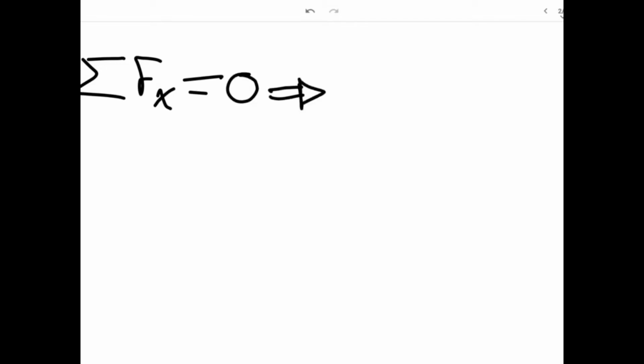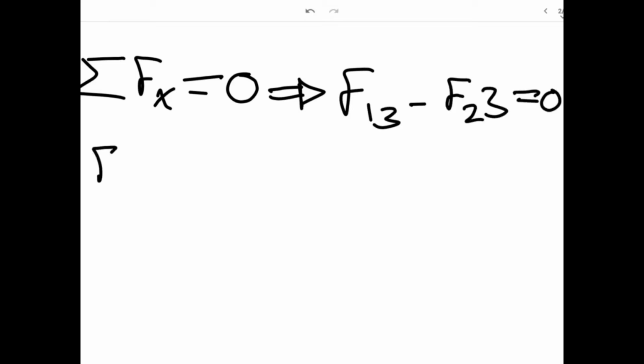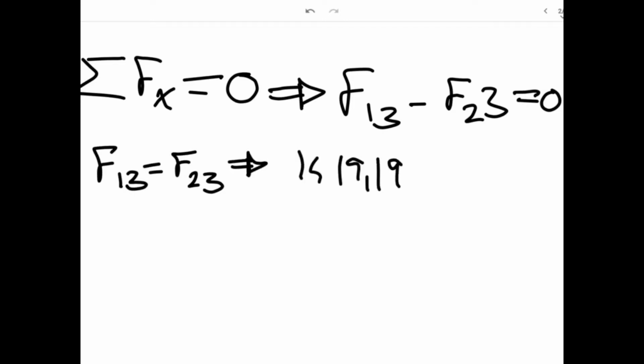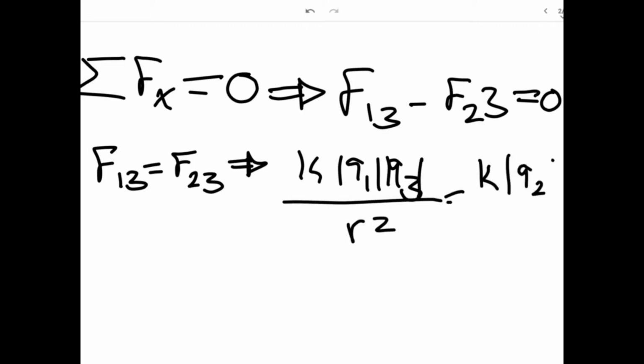So they told you the net force on Q3 is equal to 0, which means that F13 minus F23 is equal to 0. So F13 equals F23, which means that K Q1 Q3 over R squared is equal to K Q2 Q3 over R squared.